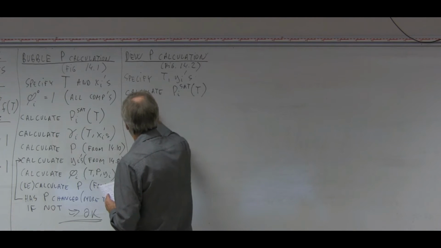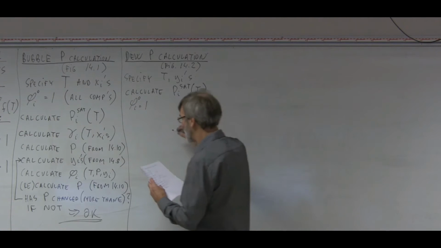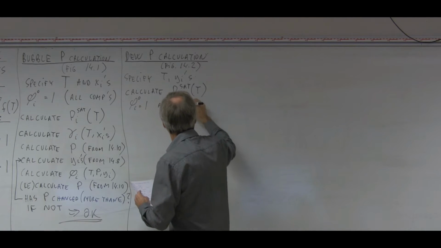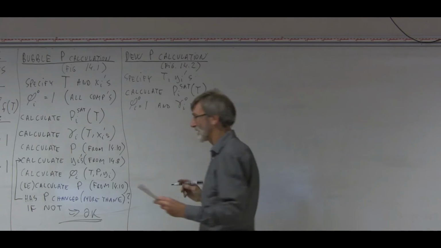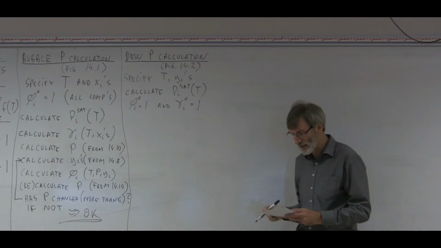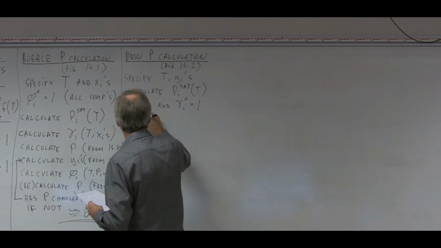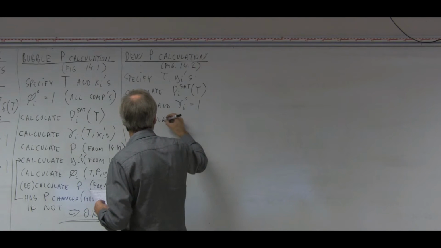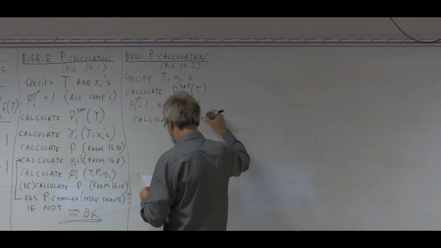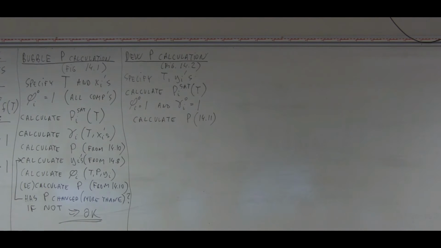Then we define initial fugacity coefficients and initial activity coefficients, and for a start we set that to 1. Then we calculate the pressure from equation 14.11.